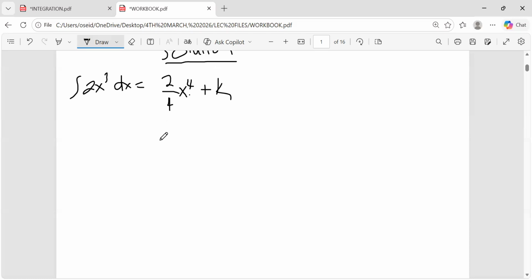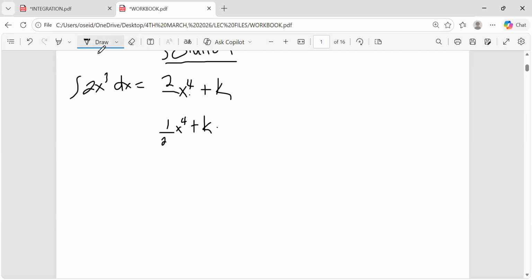So we get 1 over 2 x exponent 4 plus k. One may ask, why 2 over 4? 2 can go into itself 1 time and go into 4 two times. So let's take note.